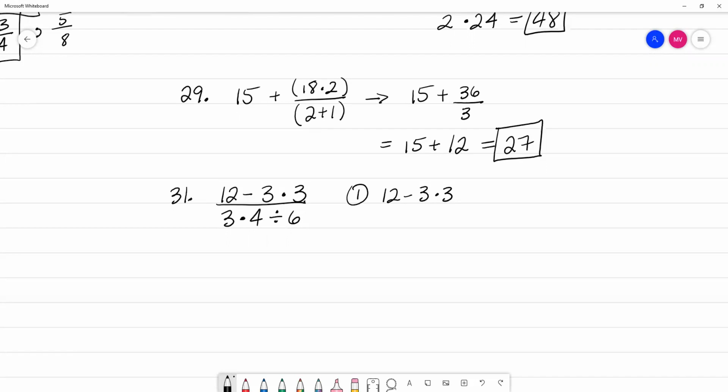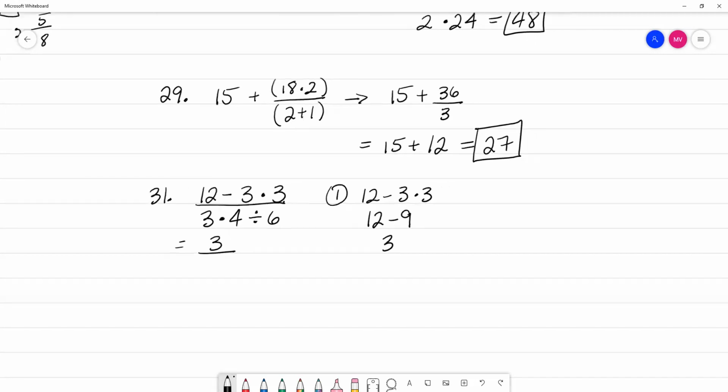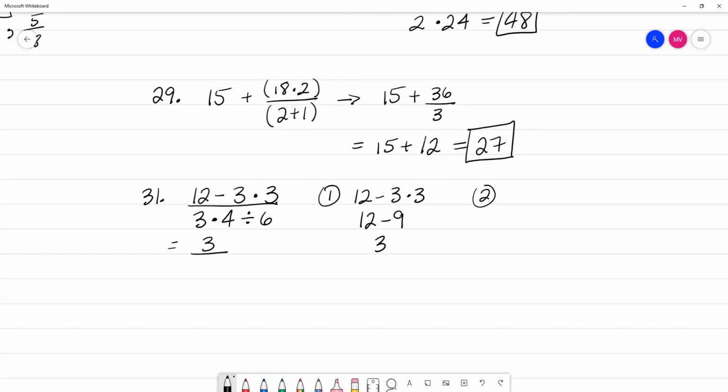So look at your numerator first. 12 minus 3 times 3. What do I do first? Times 9, it'll be 9, and after. Okay. 12 minus 9, which gives me a 3 in my numerator. So I'm going to write that down here. And treat your denominator separately. 3 times 4 divided by 6.